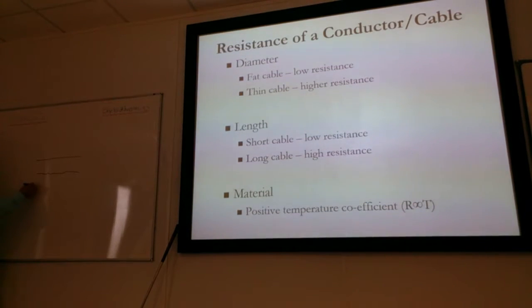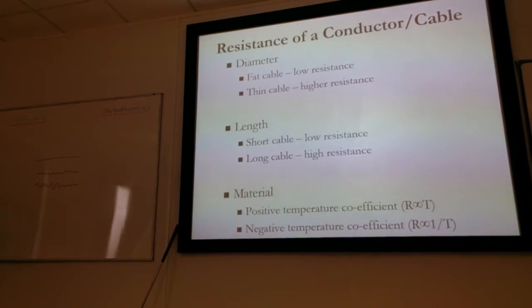What that does is it makes the peaks heighten and the dips deepen. So actually we're expanding the surface of the conductor and making the current travel further. We're increasing the resistance. So temperature increases, resistance increases, current flow decreases. That's a positive temperature coefficient.